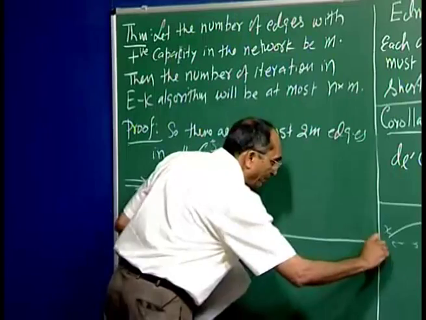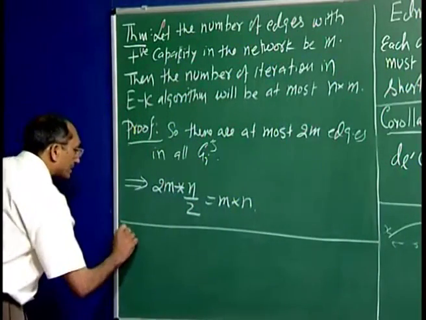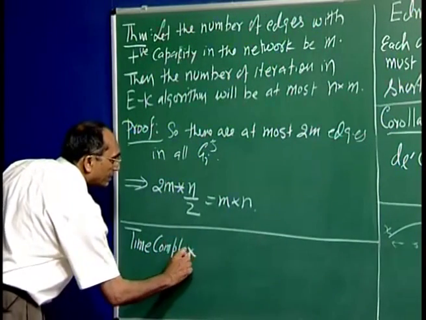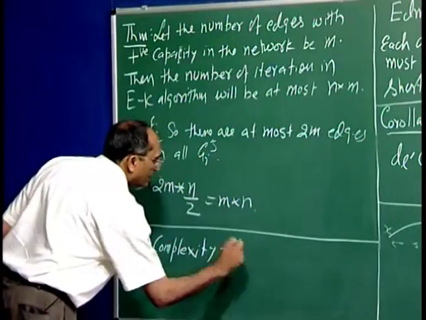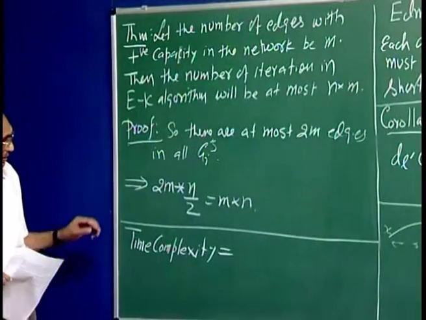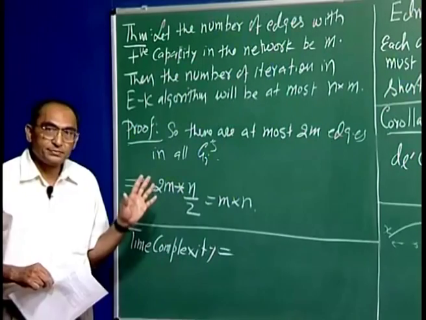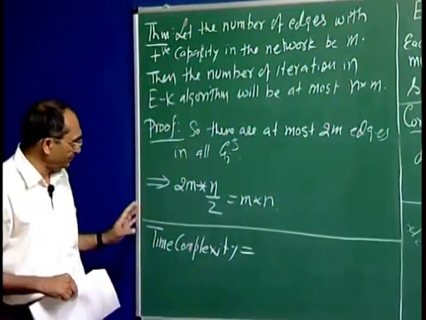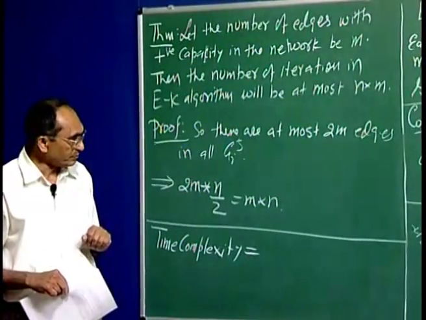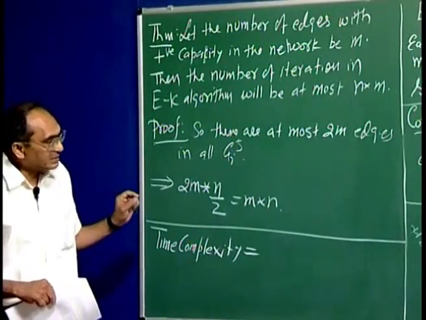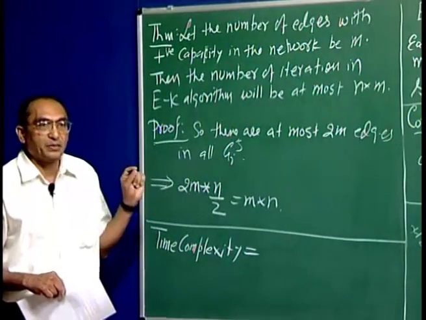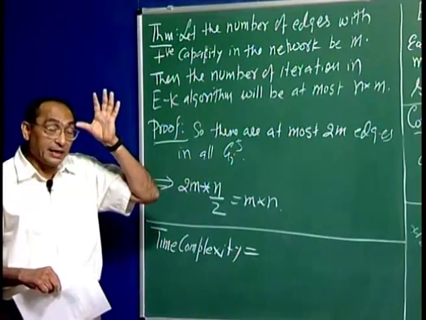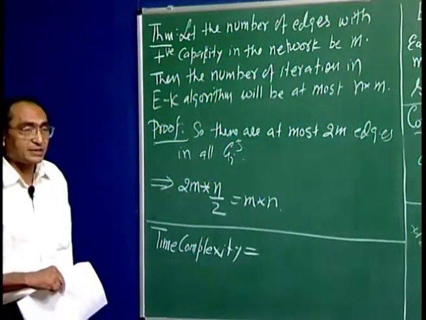So, once we have put a bound on this, the total time complexity can be determined now. In each iteration, we compute a shortest path from S to T, and then only on those edges we need to modify the capacities. Hence, only those edges will get modified in the next residual graph.